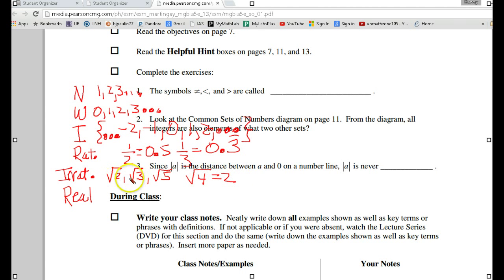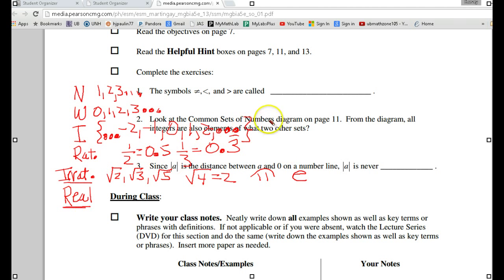But those that are not perfect squares under the radical sign are considered irrational numbers. Some other irrational numbers are pi, and later, you're not going to have it now, but I'll just tell you, the letter e. We don't have it in this course. So pi and radicals whose radicand, that is what is under the sign, are not perfect squares. But all of these numbers are real numbers.